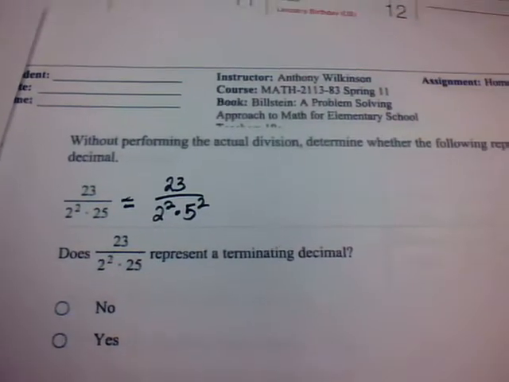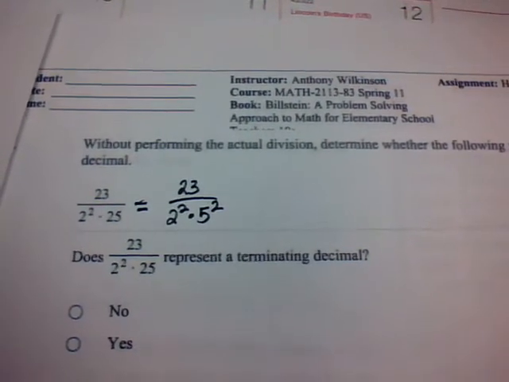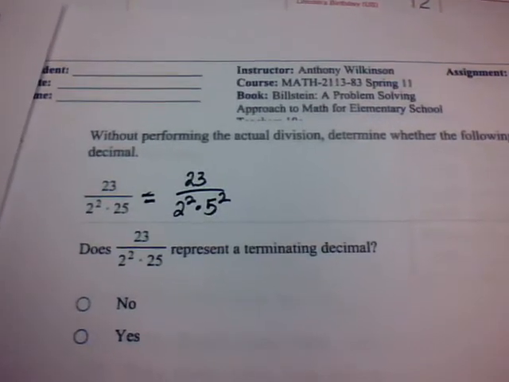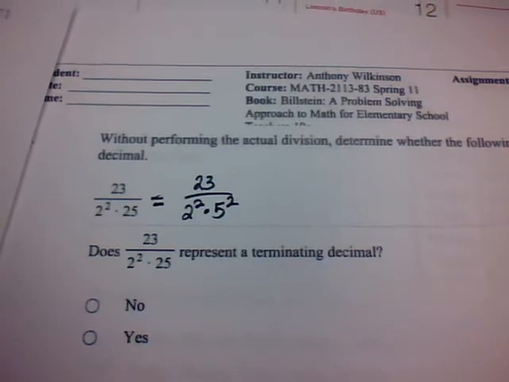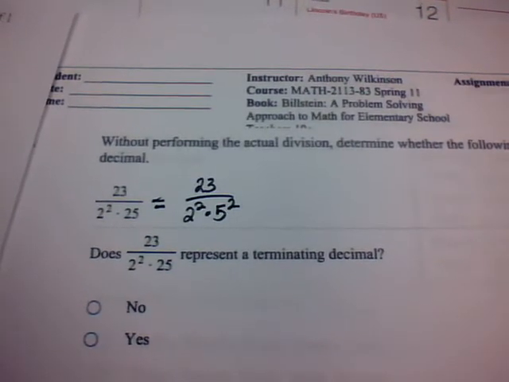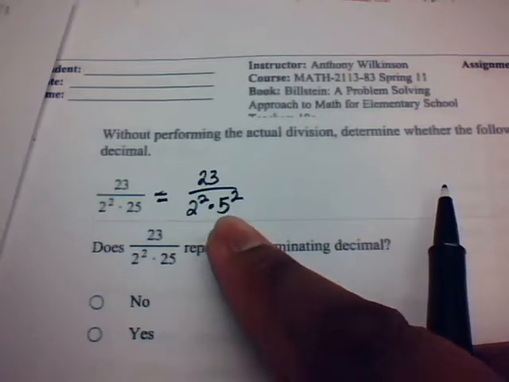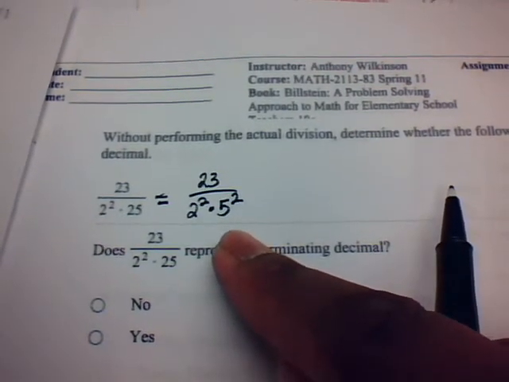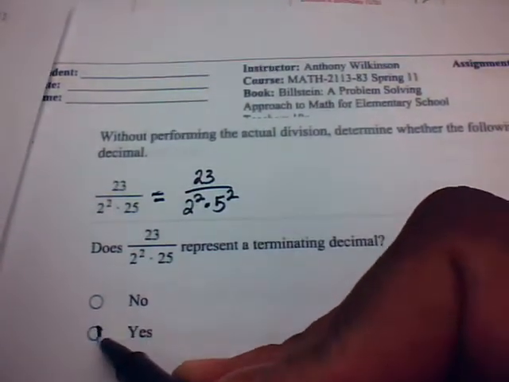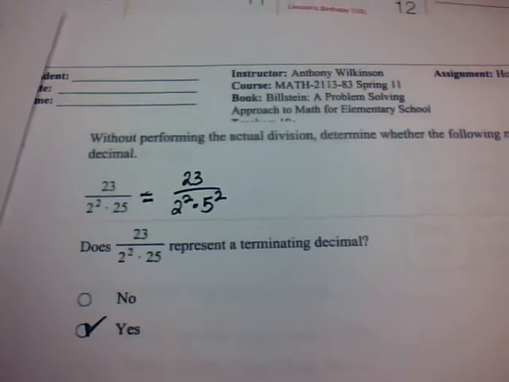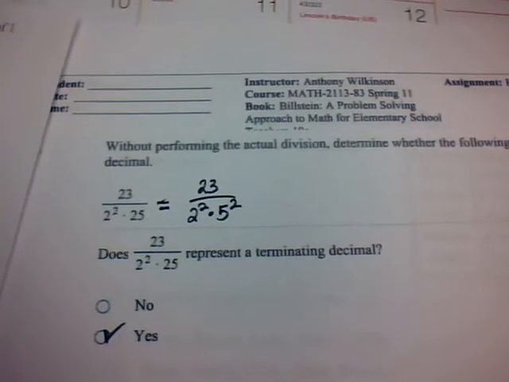All right, there was a rule that we talked about on the presentation that deals with terminating decimals. Here, a terminating decimal cannot have any prime numbers other than 2 and 5 in the denominator. Here we only have the 2 and the 5 in the denominator. We have no other prime numbers in the denominator. So in this case, yes, this particular rational number would represent a terminating decimal.